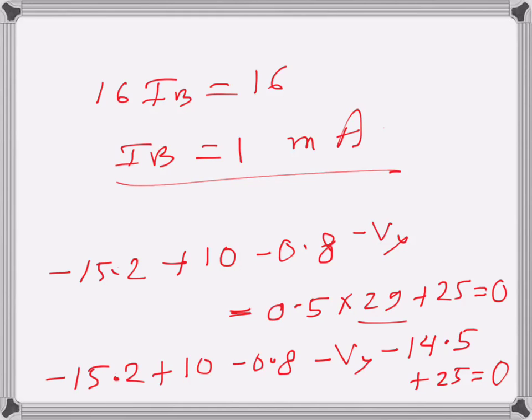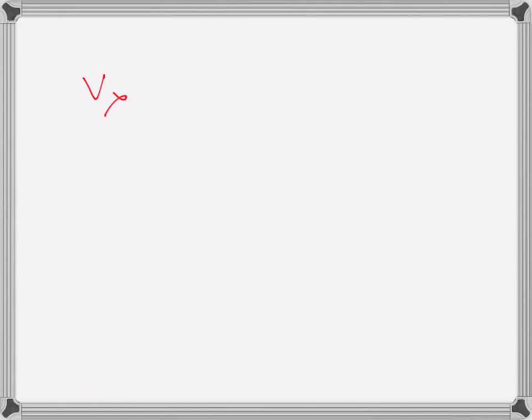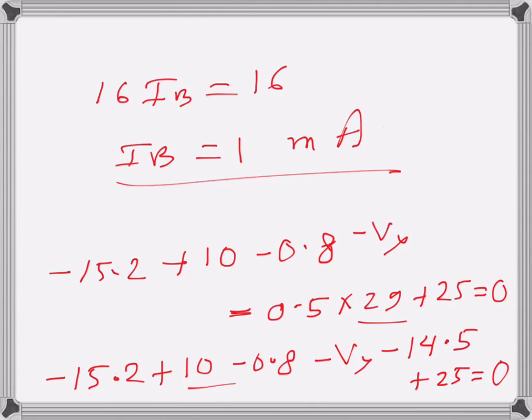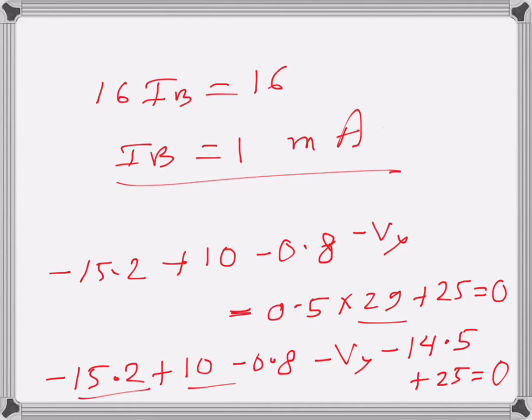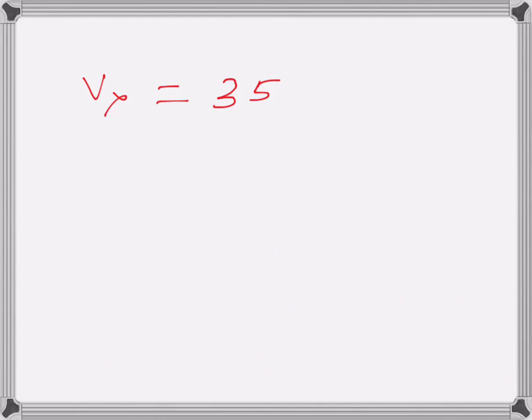Now if we rewrite it, what I have done is I have taken the Vy to the other side so that it gets a positive sign. So 25 plus 10 is 35. And here I have 15.2 plus 0.8, which is 16, and then plus 14.5, so that is 30.5.